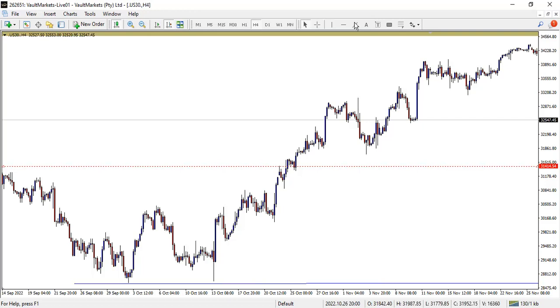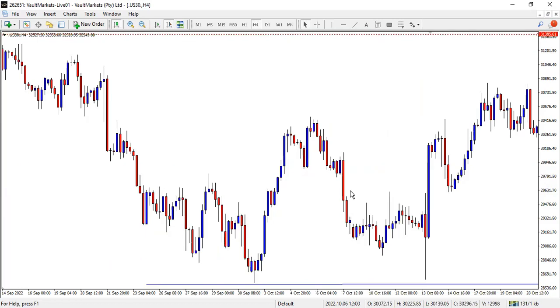As you can see, with a bullish break of market structure here. All right. With a bullish break of market structure here, and then we have a mitigation, and then after that, what do we have? We have another bullish break of market structure here.